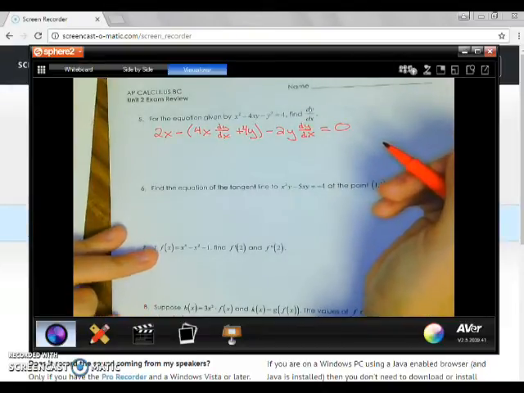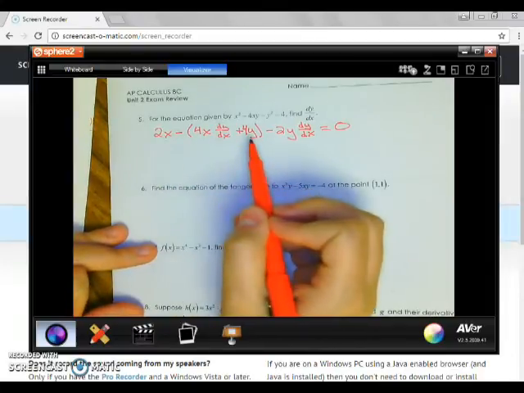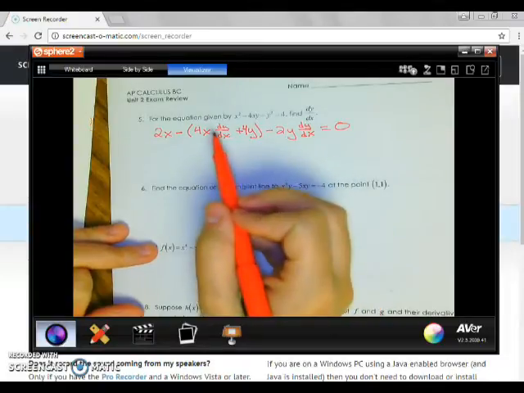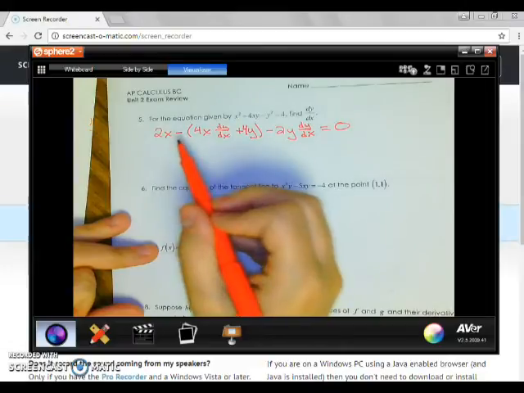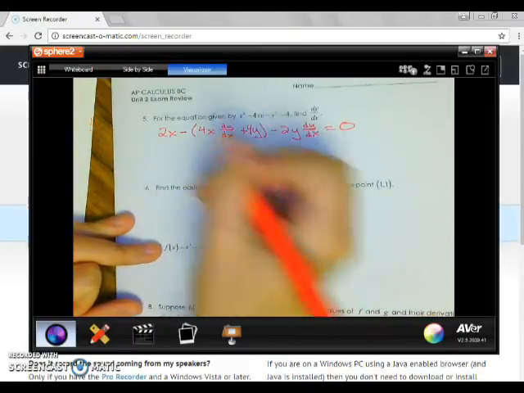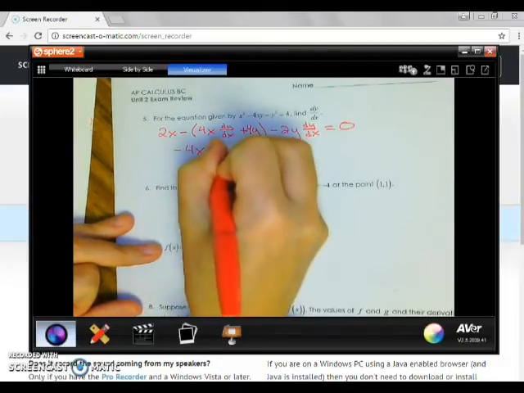Remember, your goal for these is to then get dy/dx by itself. So here you'd have to distribute the negative, okay? And then once you distribute the negative, move the terms that do not have dy/dx over to the other side. So you'll end up with negative 4x dy/dx staying on this side, right?